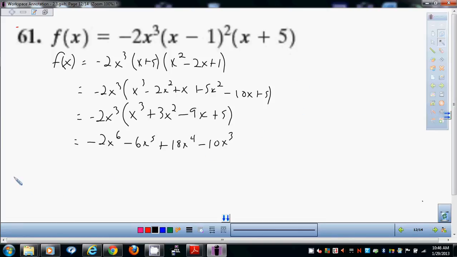First things first, end behavior. Even negative, even exponent, negative coefficient, so it's going to go down, down. Very good. Even, negative. X-intercepts. Well, let's just come all the way back up here to the original. How many zeros do I have? 3.